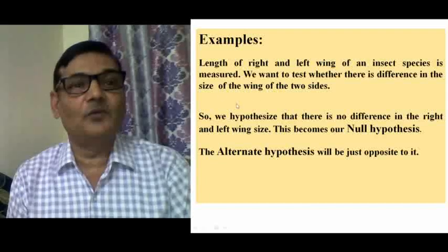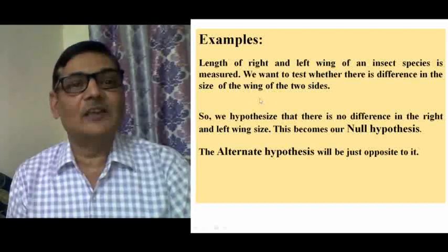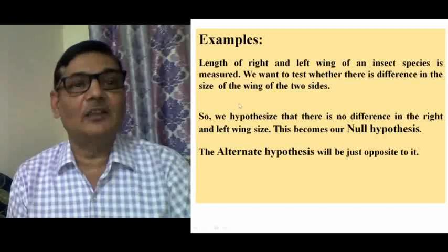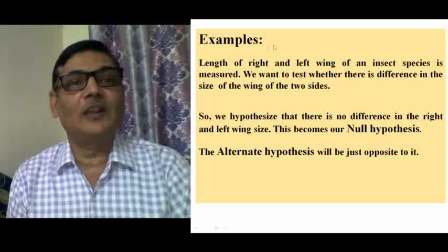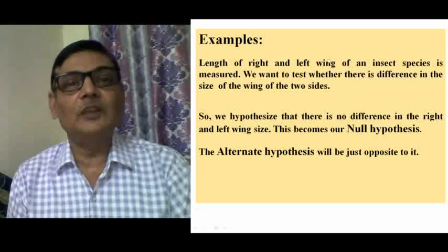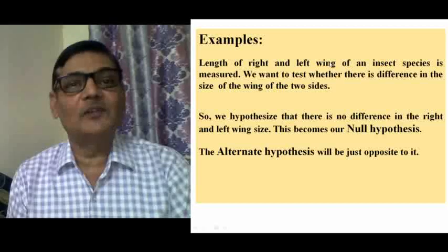Right and left wings are present in the insect. We want to see whether the wings of both sides are exactly similar in their length, in their size. So we shall be measuring the length of the right wing, maybe of 10 or 20 insects, and exactly the same number of wings of the other side will also be measured.